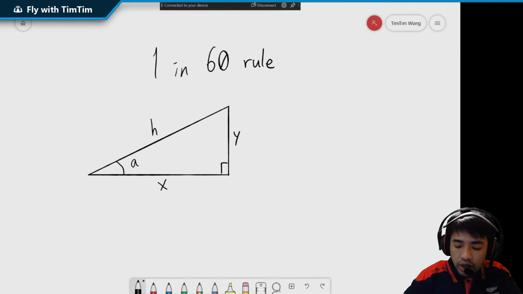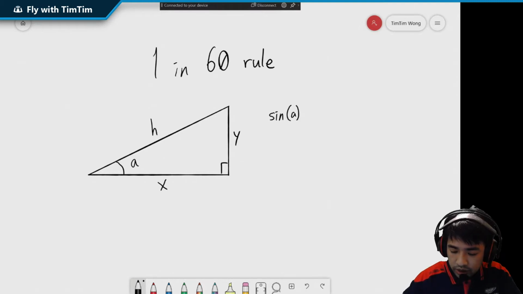From secondary school math, we were taught that sine A equals y over h, cosine A equals x over h, and tangent A equals y over x.